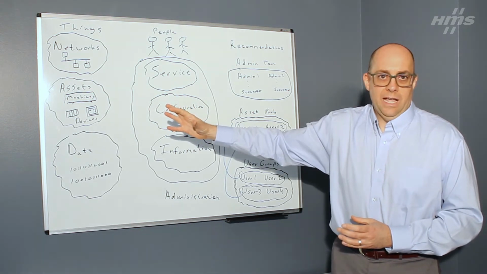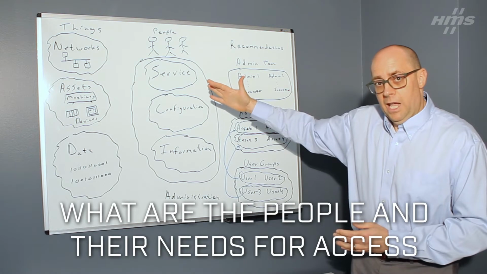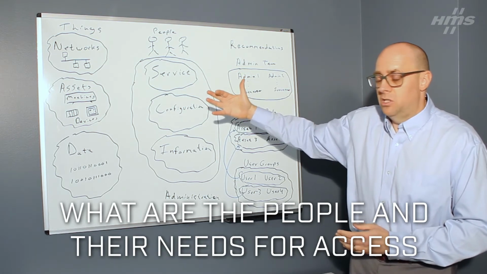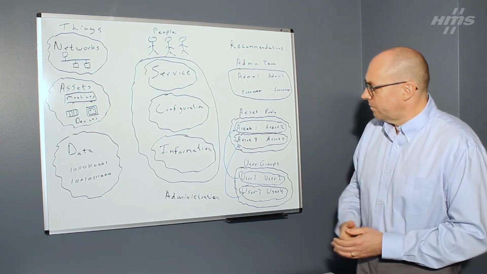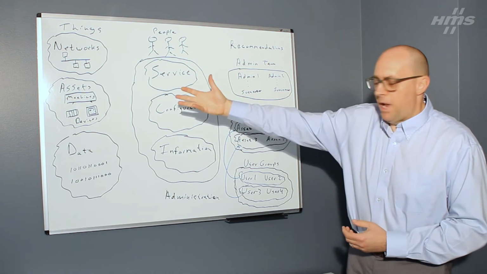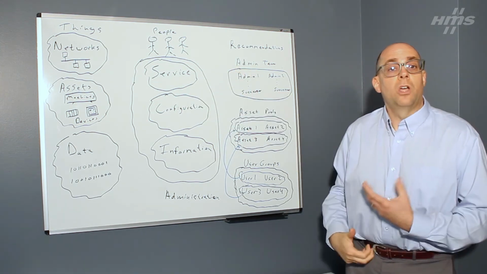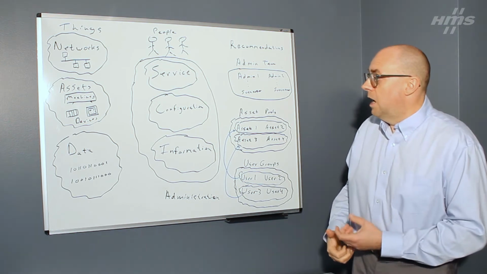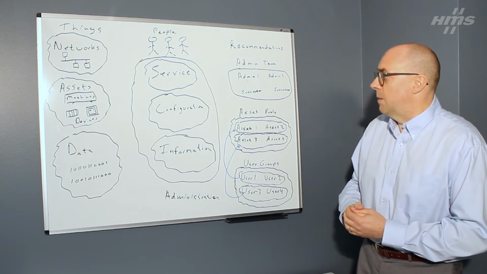So those are the first things to think about: what are the things that I need to gain access to? Secondly, I need to consider who the people are, how intrinsic it is that they get access, and what their need is for getting access to those specific assets. So is it a need for being able to service a system? If my asset, once again, is a machine, do I need somebody who needs to be able to update the software in a PLC, or troubleshoot alarms that have been noted, those types of notifications?